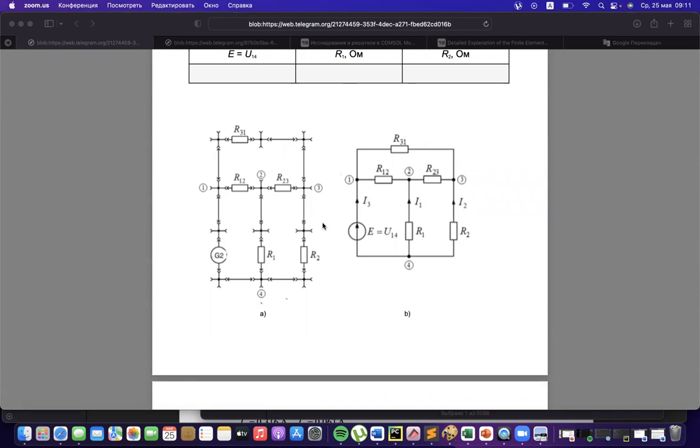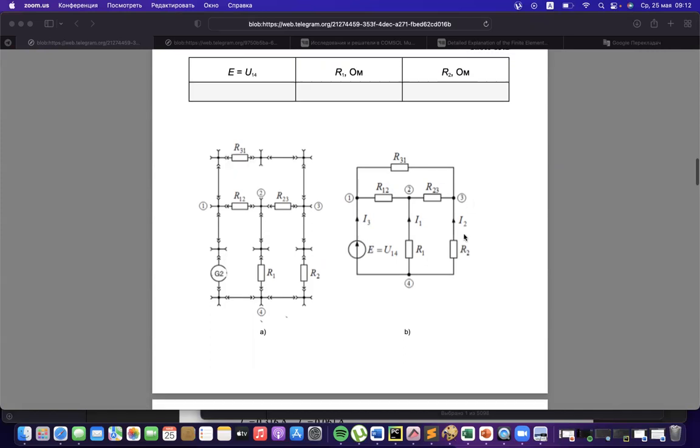That means inside this circle, A and B, it is the same view. It is how it should be implemented in the laboratory if we have all offline classes, and the same equivalent circuit as we see it now, just for mathematical calculation. And inside this circle, you have all the data.